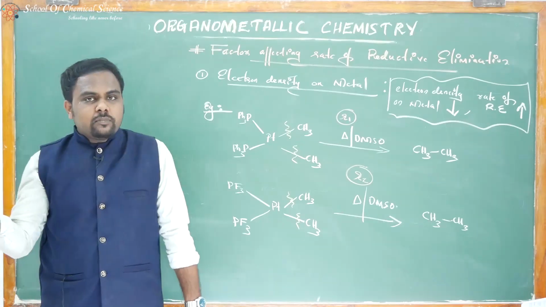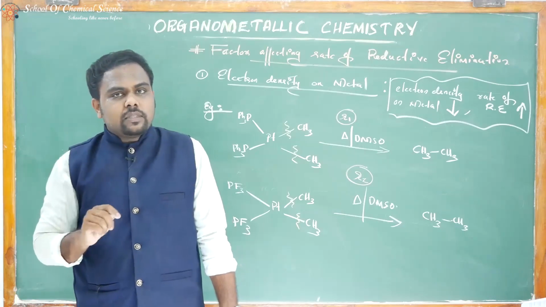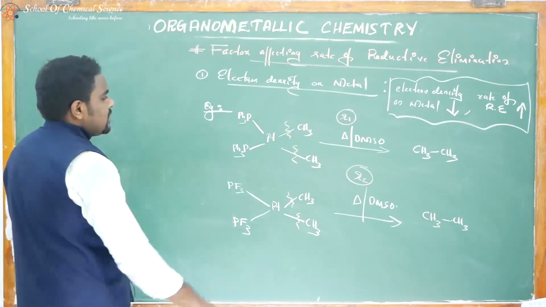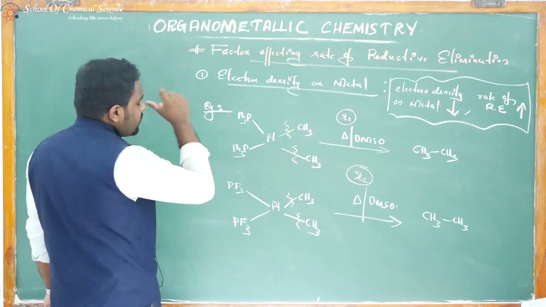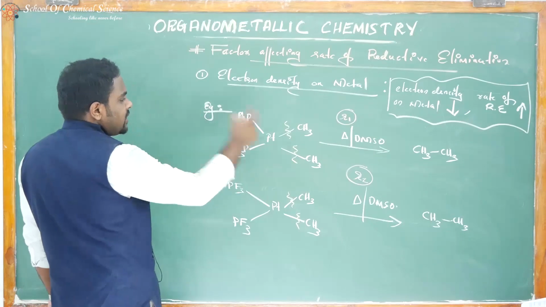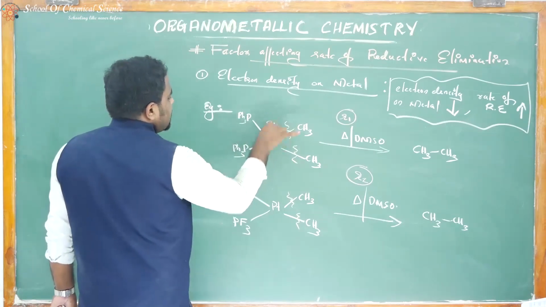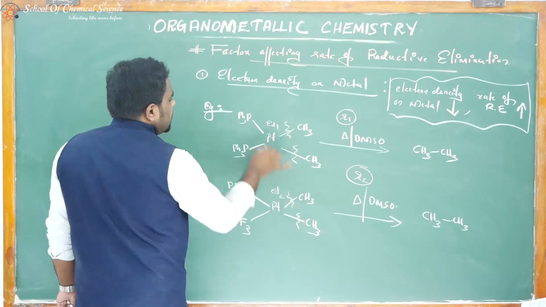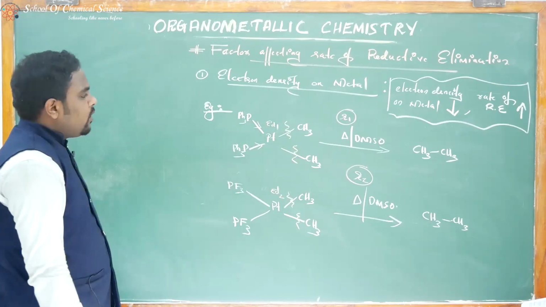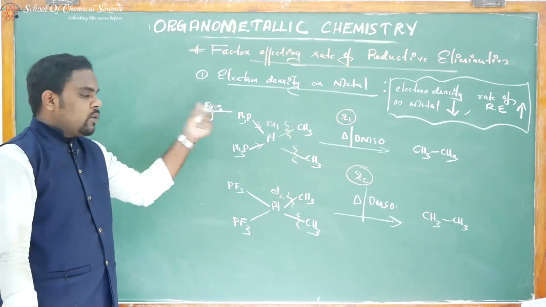PF3 is also an acceptor, but PF3 is a sigma star acceptor, so it is a poor acceptor. Please listen. In this case, PPh3 and PF3, comparatively PPh3 is a better donor. Suppose this is electron density 1, this is electron density 2, so PF3 is comparatively a better acceptor or poorer donor.